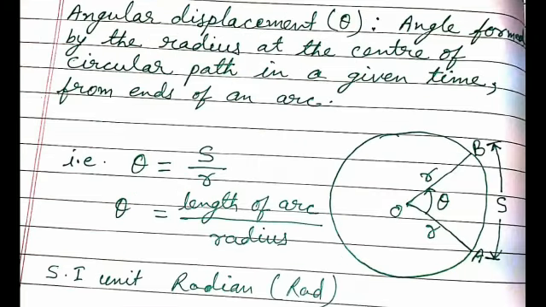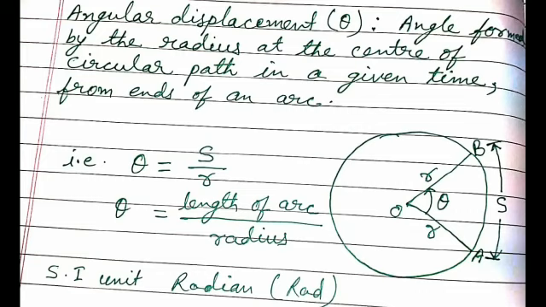Now the next important term is angular displacement, and as I have told you, it is denoted by theta. It is defined as the angle formed by the radius at the center of the circular path in a given time, and this angle is formed from the ends of an arc.